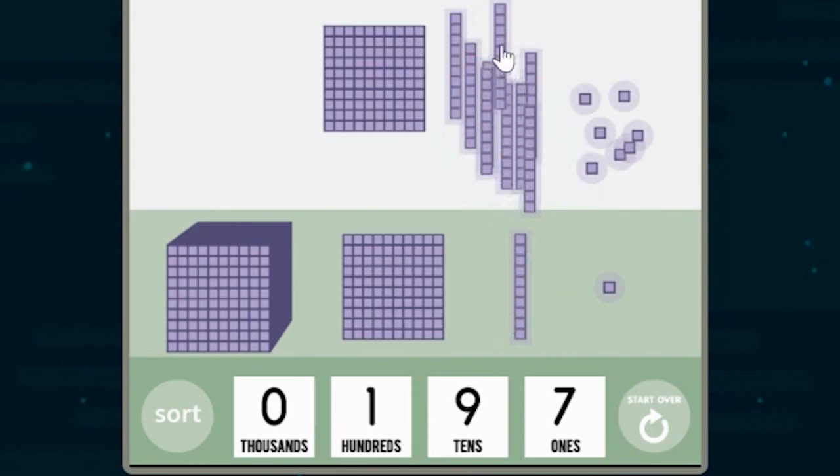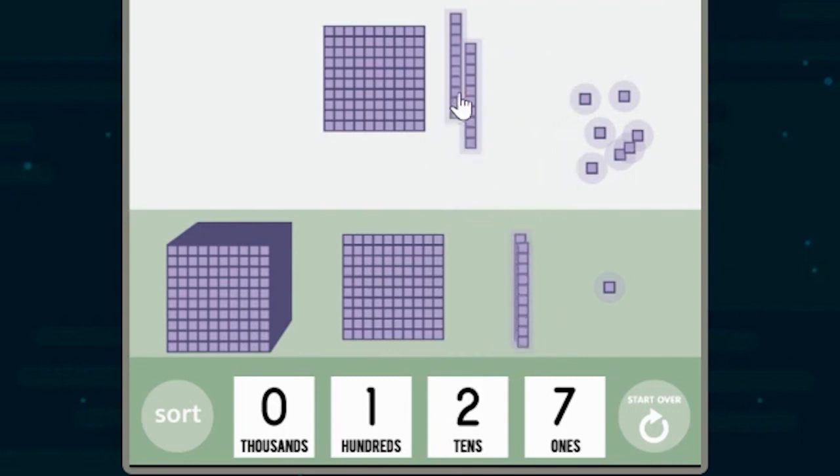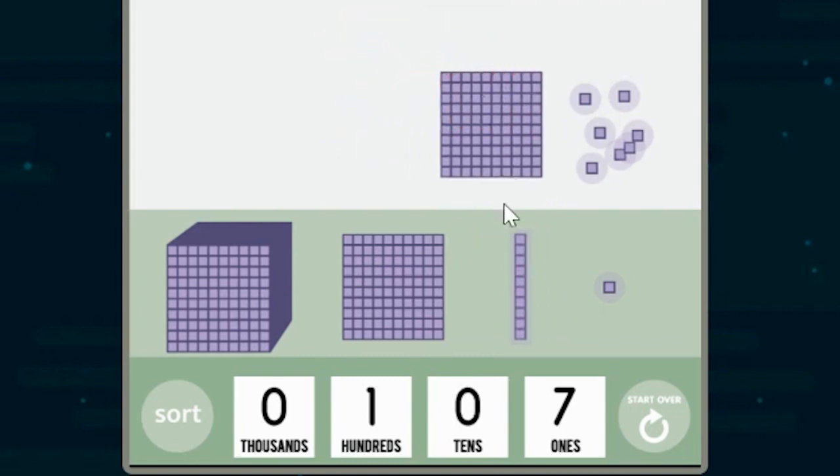Let's keep counting backwards by the decade. 187, 177, 167, 157, 147, 137, 127, 117, 107. And if I want to keep counting backwards by the decade, remember, there are 10 tens in here, and I want to take away just 1 ten.